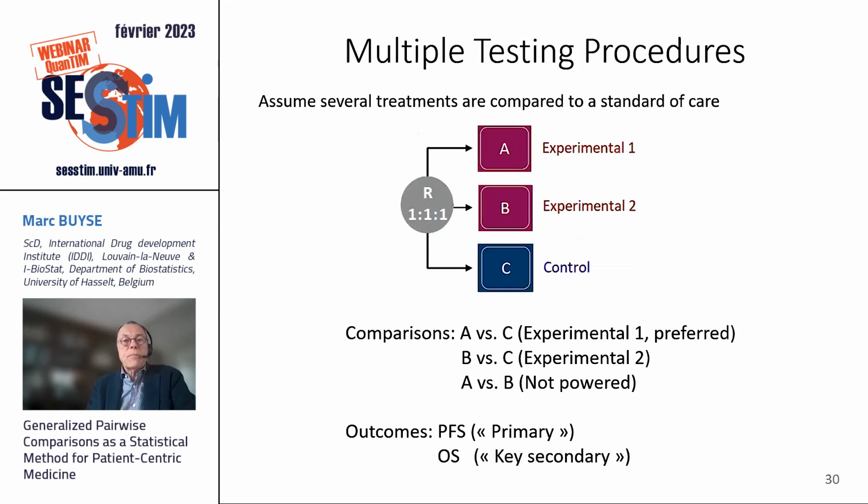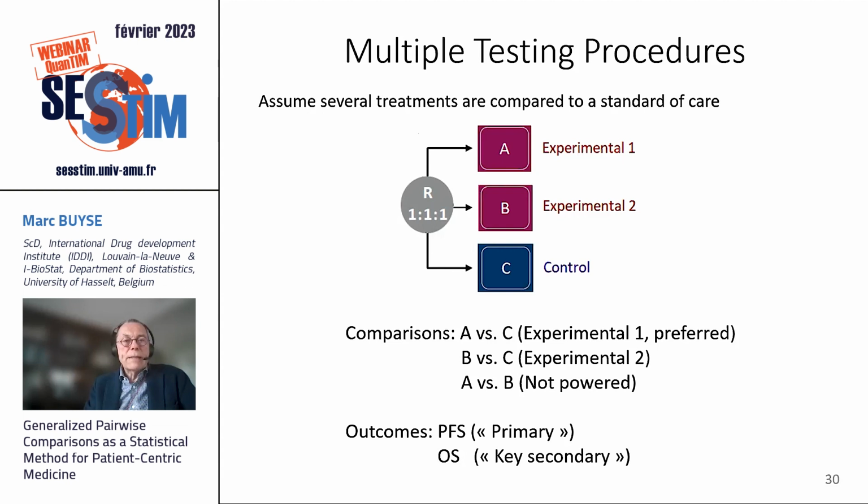The last example I wanted to discuss briefly is how GPC, generalized pairwise comparisons, can replace, in some cases, multiple testing procedures. So I'm going to use an example that I'm taking from an actual trial. I'm not going to say what trial, and I've hidden the treatment names and so on. But this is a real trial that was done by a pharma company.